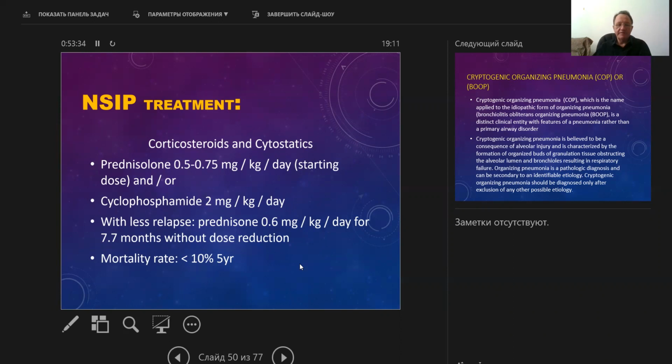But if we prescribe a more significant dosage of prednisolone, for example, according to clinical trials, prednisolone 0.6 milligrams per kg per day for a duration of 7.7 months without dose reduction, it is accompanied by fewer relapses of the disease, and a mortality rate of less than 10% after 5 years. Of course, this is for non-specific interstitial pneumonia.